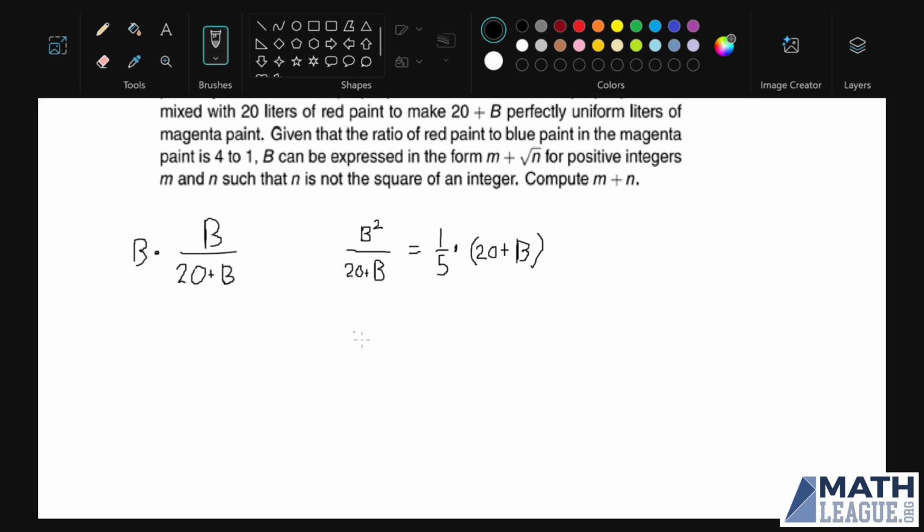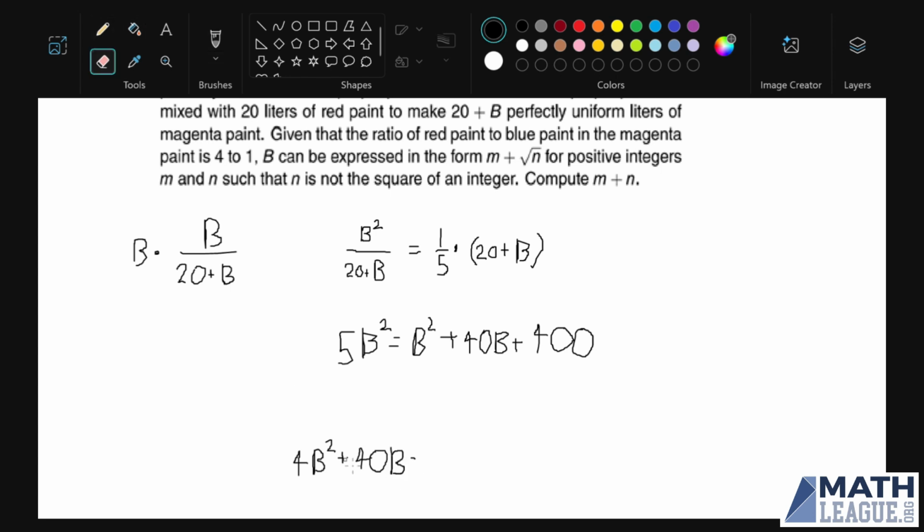So cross multiplying, we get 5B squared is equal to 20 plus B squared, which is going to come out to B squared plus 40B plus 400. And then getting everything over on one side, we get 4B squared minus 40B minus 400 equals 0.